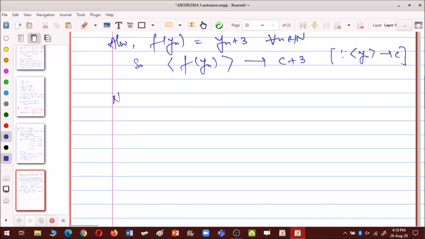Now as C is not equal to 3, so 2C is not equal to C plus 3.